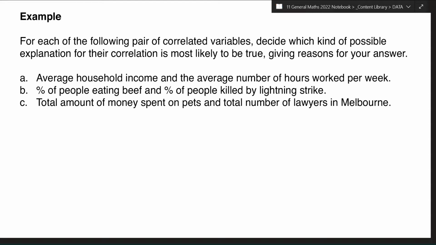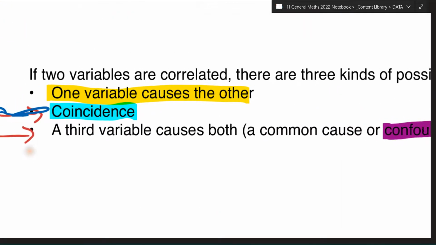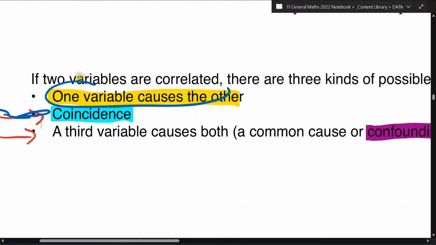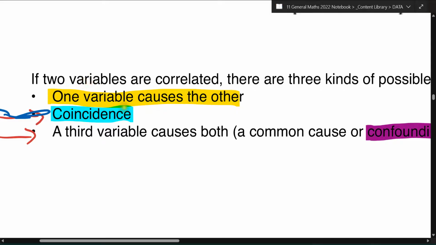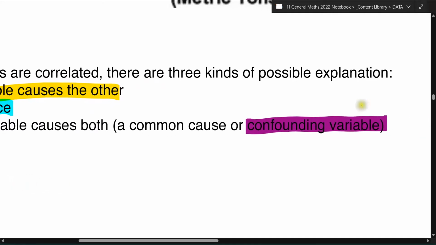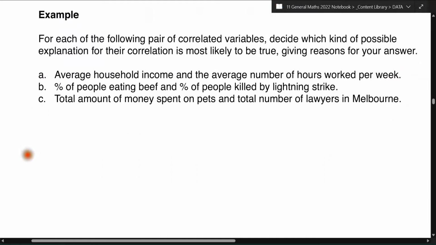You don't have to write a long sentence about why you think that is the case, but you are still supposed to write something. Don't just write coincidence, and don't just write confounding variable. I want you to give me an explanation as to why. So let's use this as an example. Number one, or A.